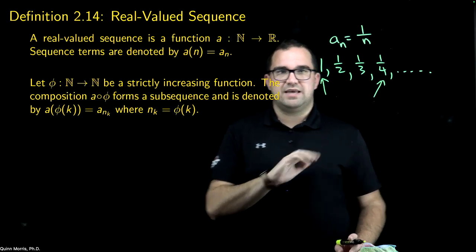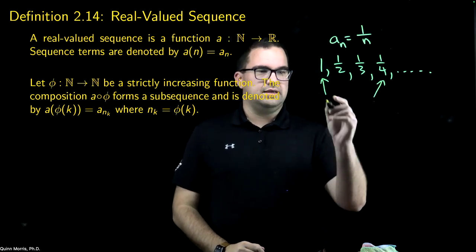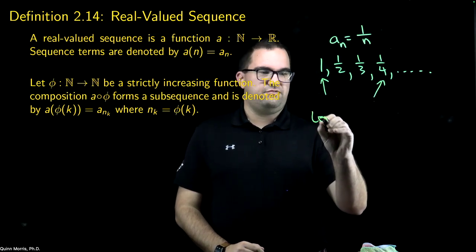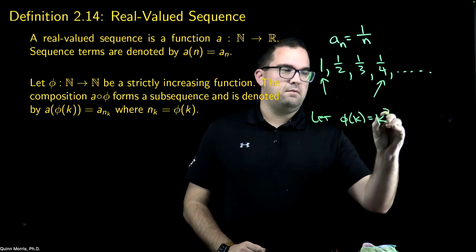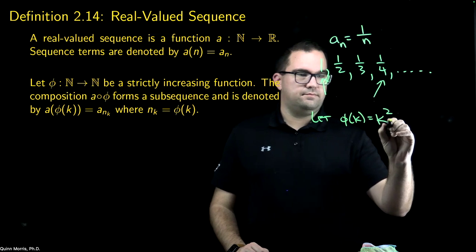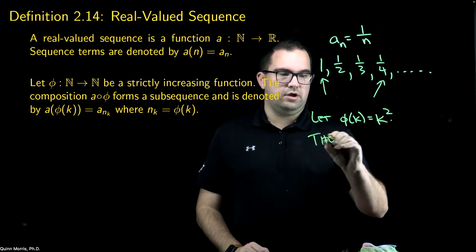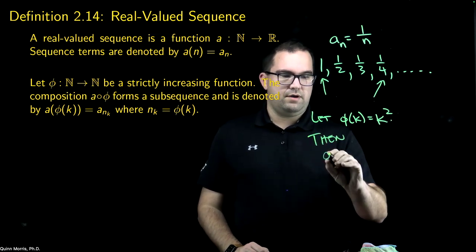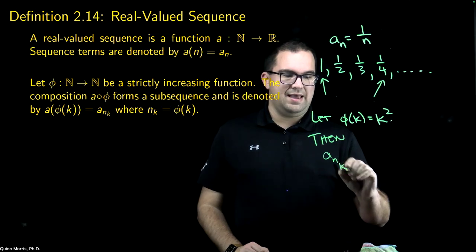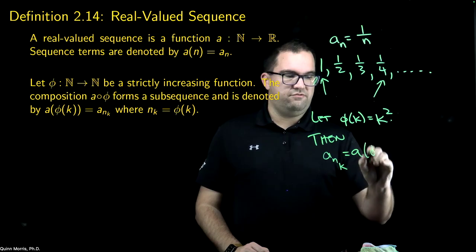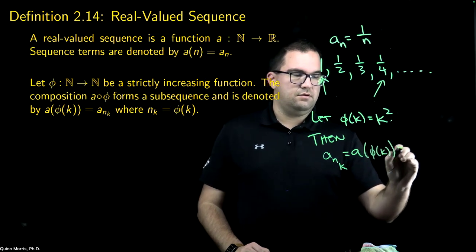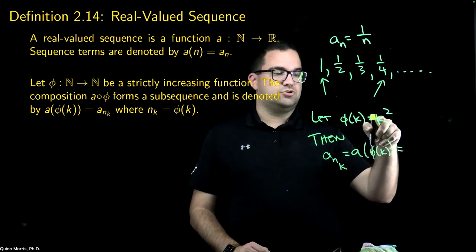So in this case, I would say let phi of k be k squared. Then a sub n sub k would be a of phi of k. Phi of k is just k squared.